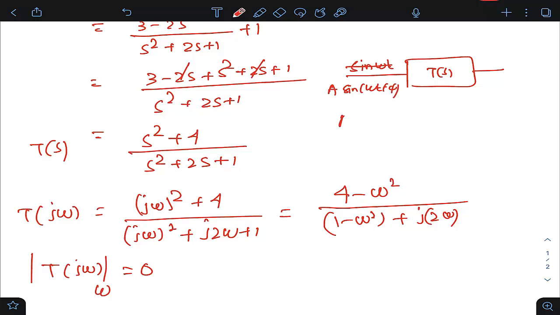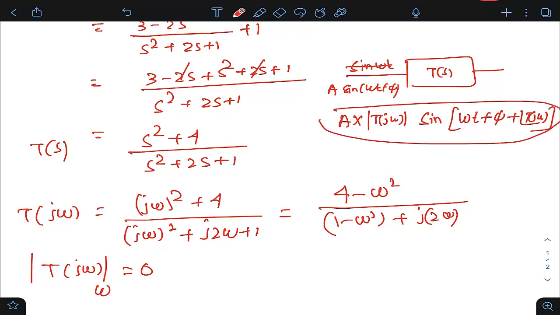Then the output is A into the magnitude of T of j omega, then sine, the frequency will not change, omega t plus phi, along with some phase angle contributed by this transfer function. This is what the output will be. If you are expecting the output to be 0, then definitely this factor has to be 0, because A is 1 in this case.